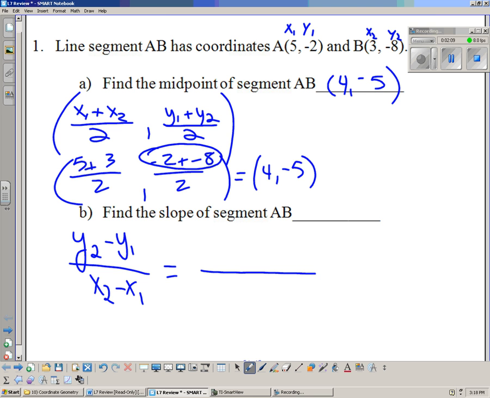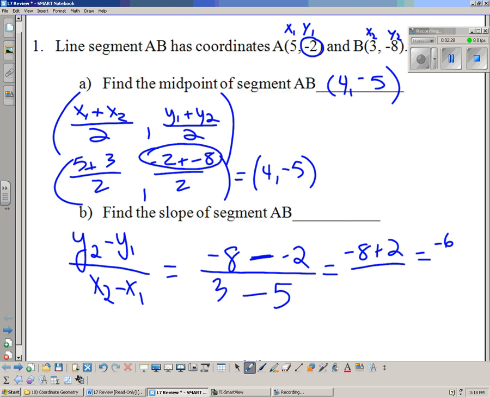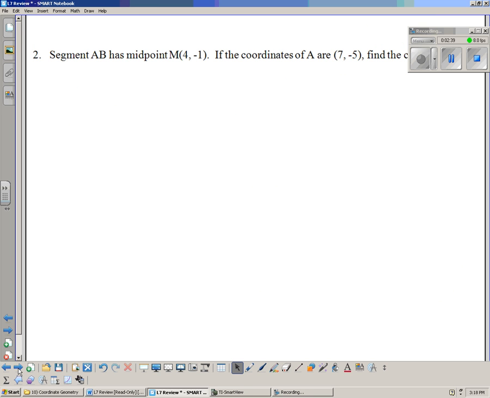So y2 is negative 8 minus y1, which is negative 2, divided by x2, which is 3, minus 5. So negative 8 minus negative 2 becomes negative 8 plus 2, which is negative 6, over 3 minus 5, which is negative 2. Negative 6 divided by negative 2 is a positive 3 over 1, or just positive 3 for your slope.